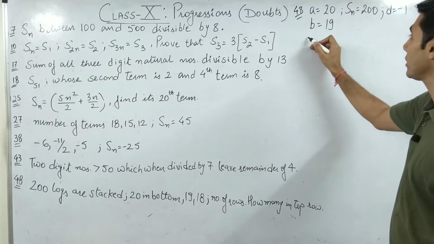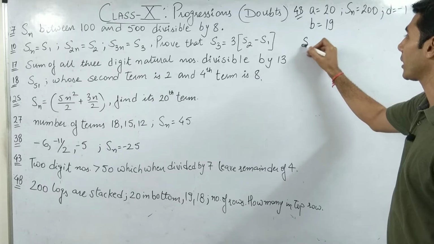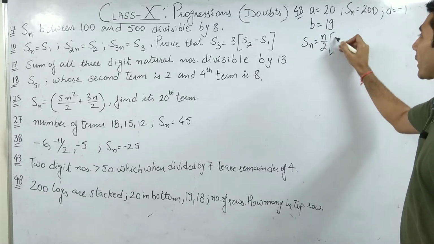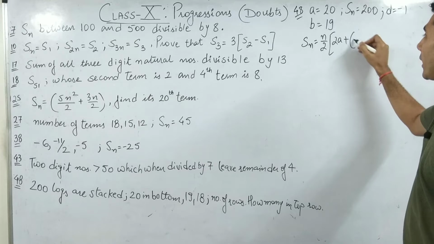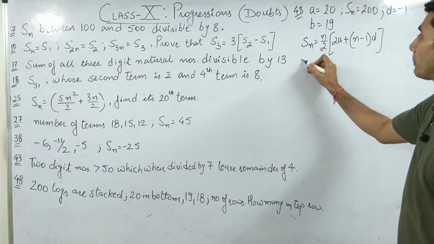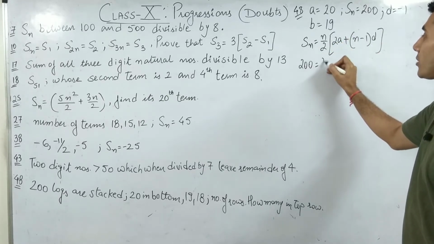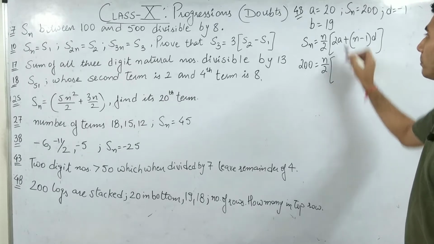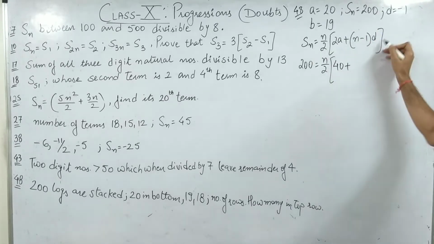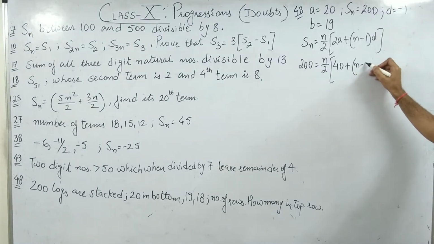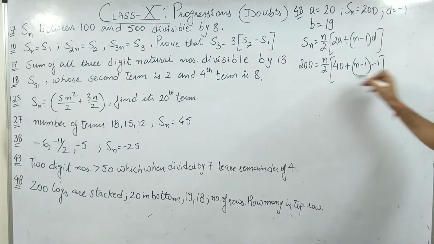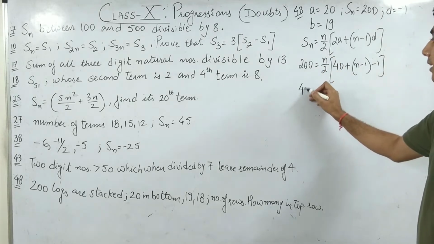Now, in place of Sn I put the formula: Sn equals n by 2 bracket 2a plus n minus 1 into d, which is the sum of the terms. In place of Sn I put the value 200. It equals n by 2 bracket 2 into 20, which is 40, plus n minus 1, because I don't know what n is, then d is -1. 2 into 200 comes out as 400.